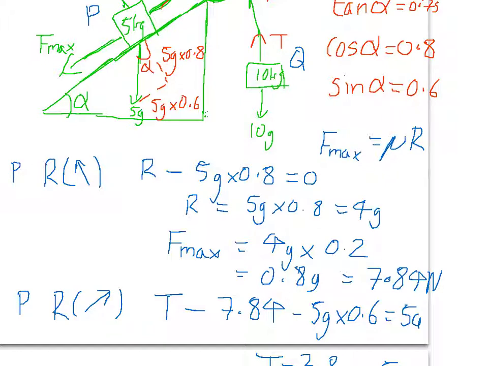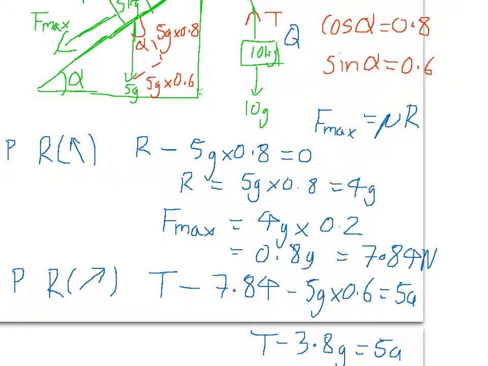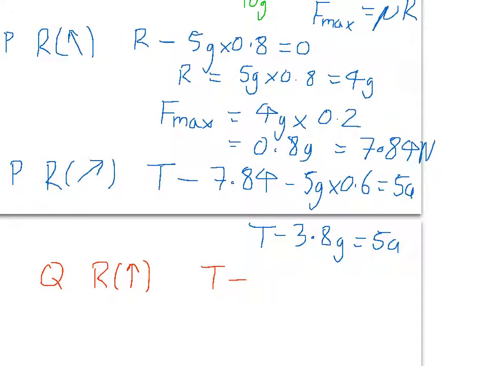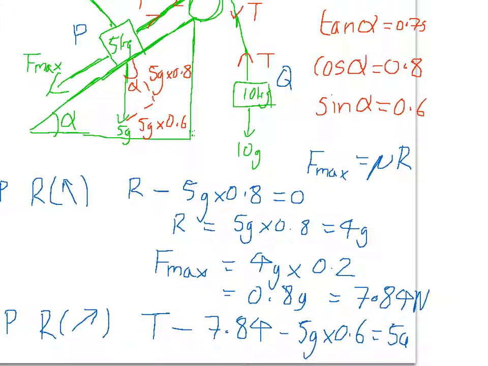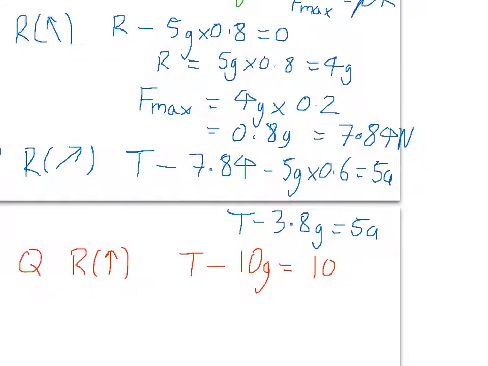So, looking at Q now, the forces acting upwards are T minus the 10g, and that's going to be equal to the mass, which is 10, times the acceleration. Now remember, this is going to be accelerating downwards and we're taking forces upwards, so it's going to be minus A. So it's going to be minus 10A.